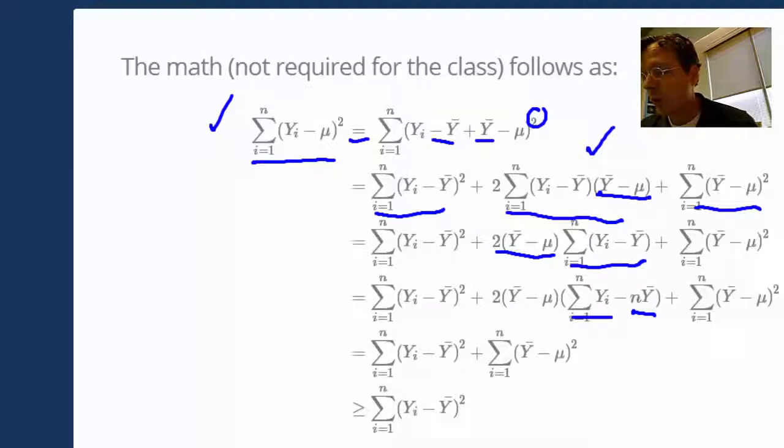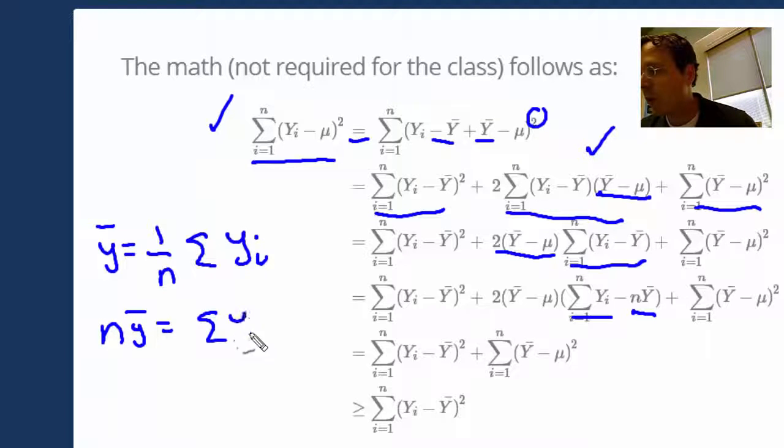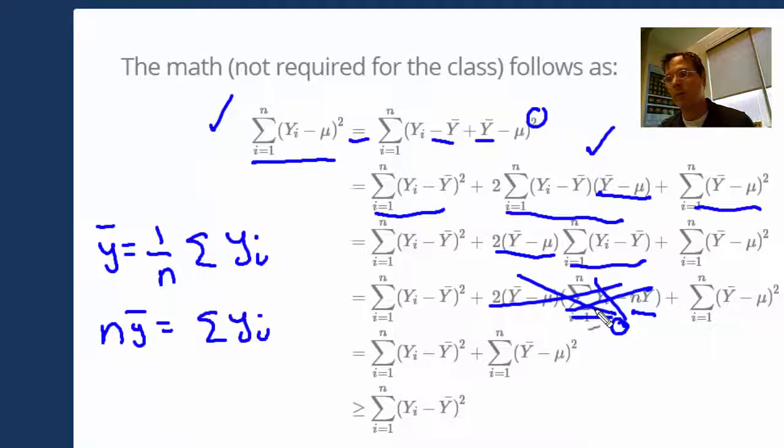But notice, I would define y bar as 1 over n times the summation yi. Add up my observations and divide by n is the average. So in other words, n y bar is equal to the summation of yi. So this is 0. That whole term then is 0.